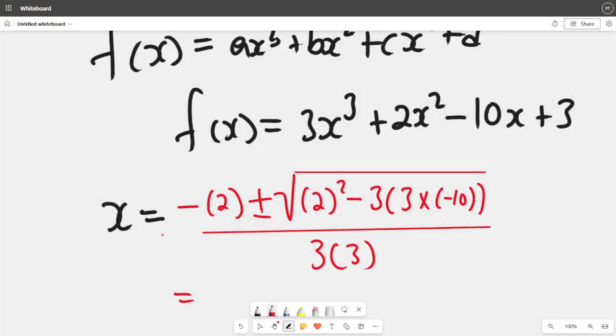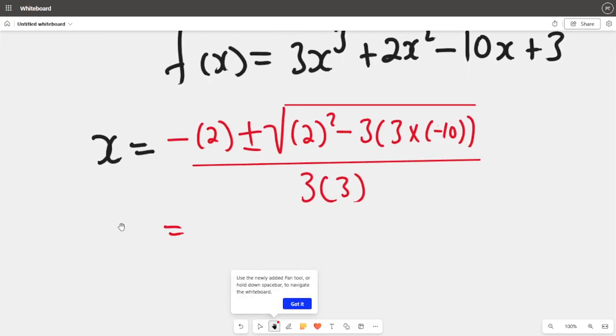Now we can simply punch in our calculator. If you do have a calculator with you, you can clearly just do that. Unfortunately, I do not have a calculator on the laptop, so let's continue.